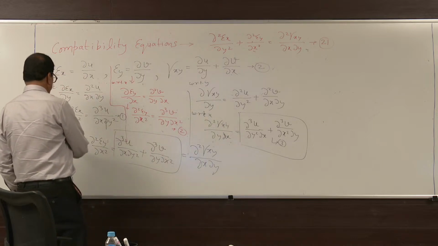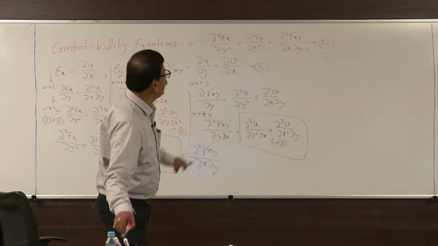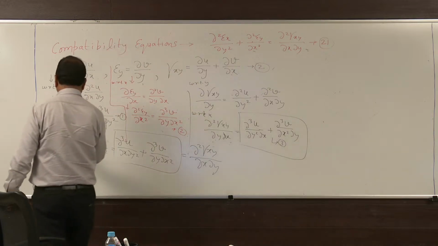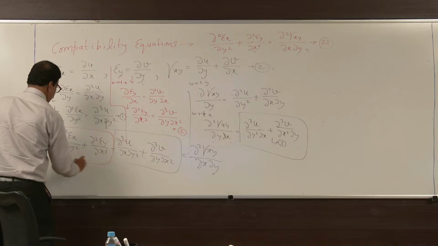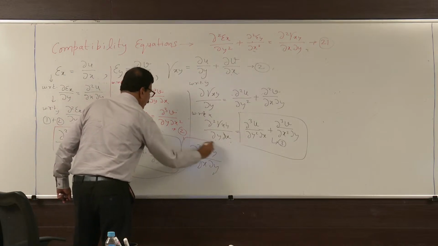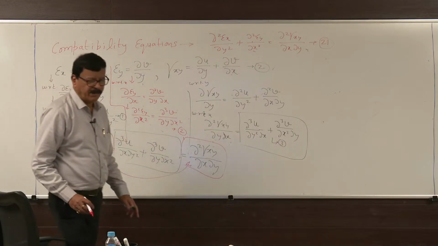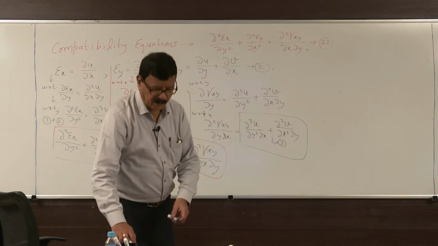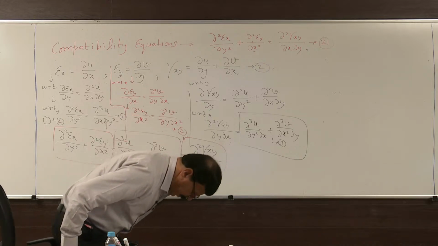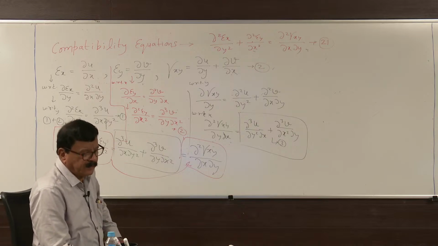So we proved the equation of the compatibility as we wrote in 21. This equal to this, because this is equal to this. So we proved the equation. Okay?